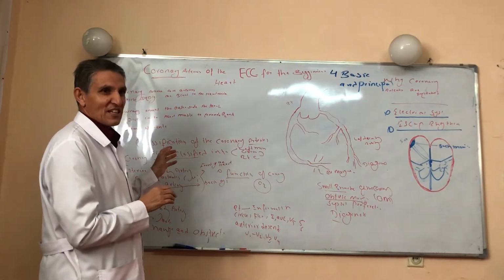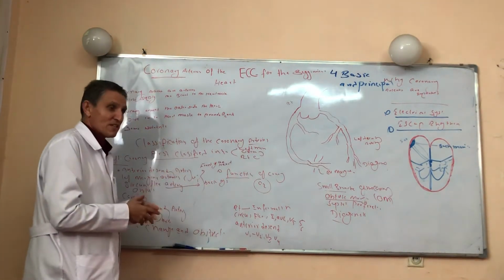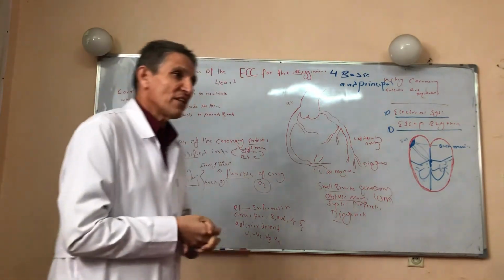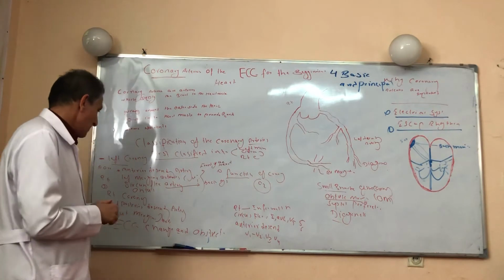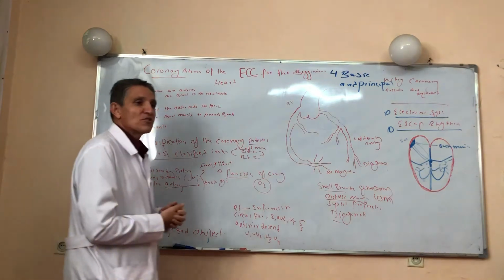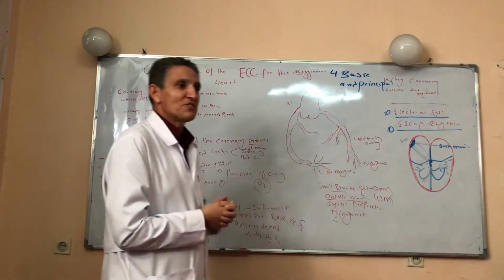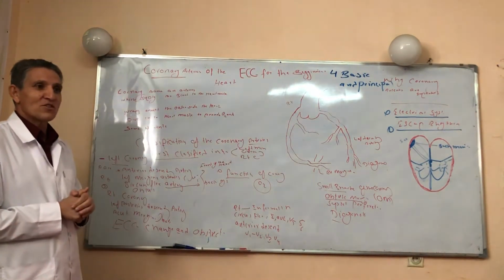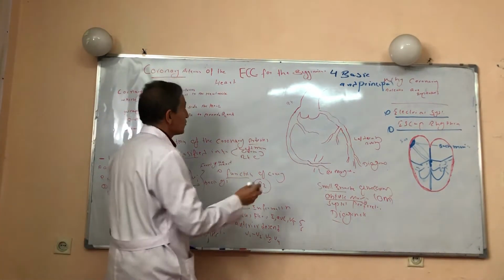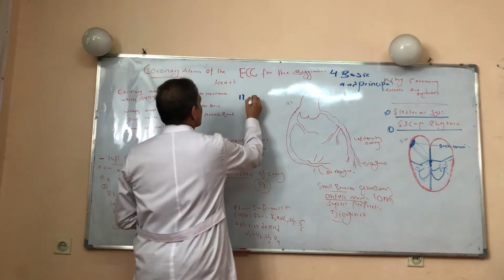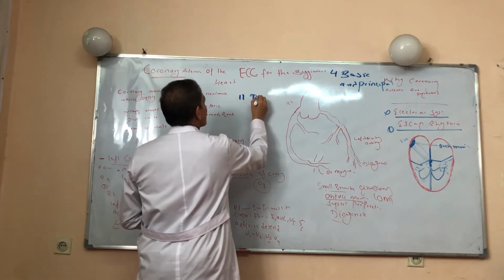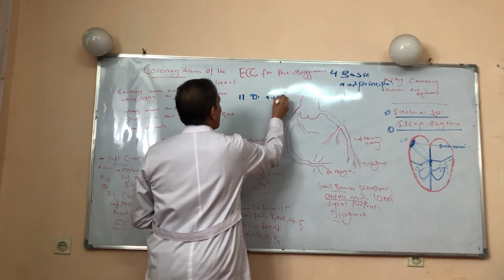This was a very short lecture. That is why I discussed this, because sometimes we correlate ECG change to the anatomical obstruction of the coronary arteries. For example, obstruction of the right coronary artery, which type of ECG change is produced?